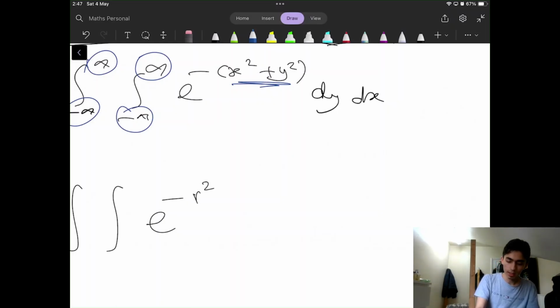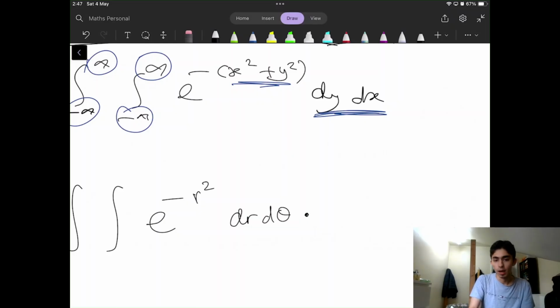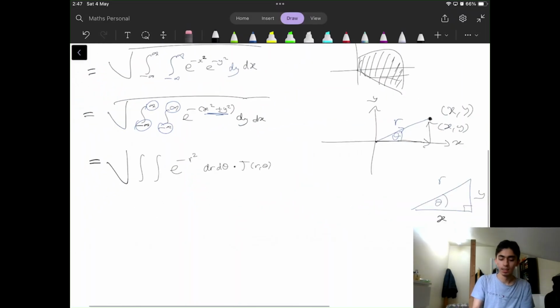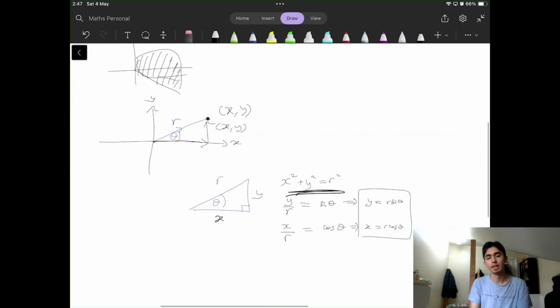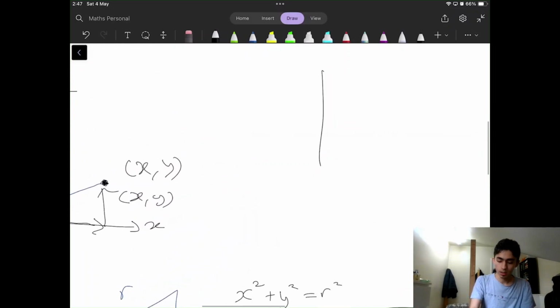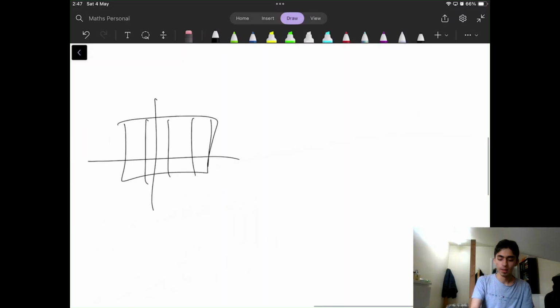And now dy dx can be written as dr d theta multiplied by a certain factor called the Jacobian with respect to r and theta. The Jacobian is basically, how do I explain it? You have the Cartesian coordinate system, the rectangular coordinate system, with the y and the x-axis.